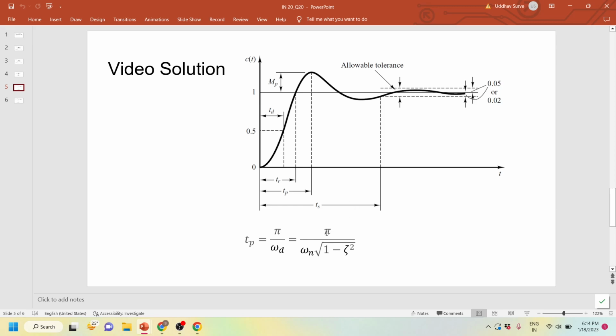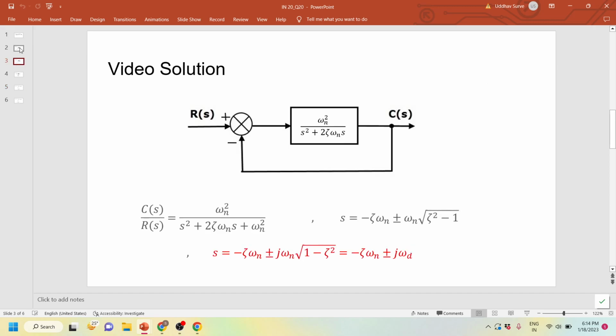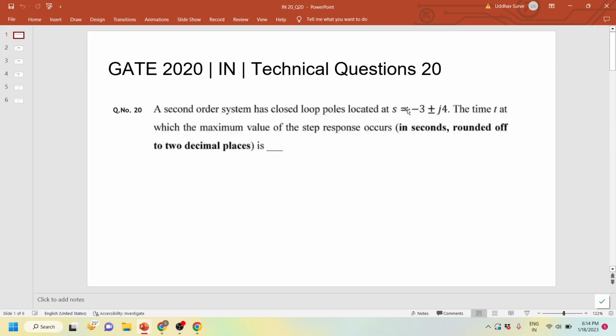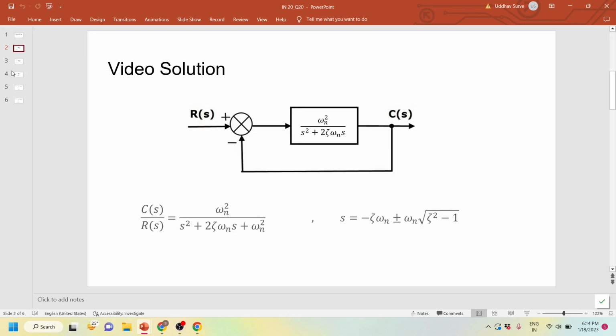When we substitute, it is pi upon omega n into under root 1 minus zeta square. If we go back to the question, the roots were given as minus 3 plus minus j4, and I explained that the roots are like this, minus zeta omega n plus minus j omega d. So they were given in this form only.